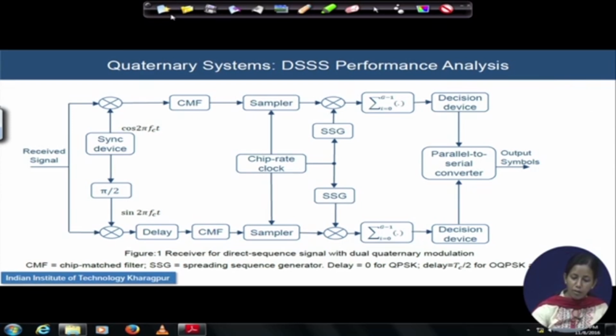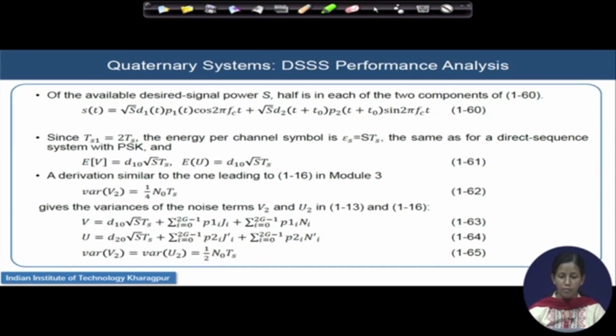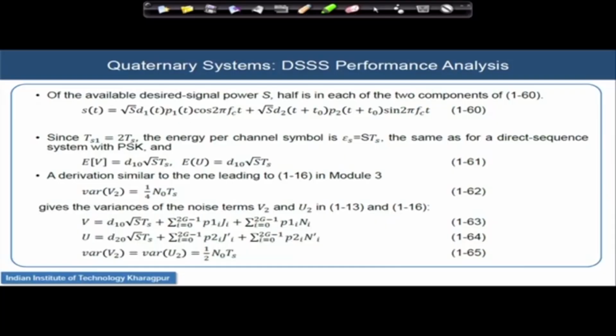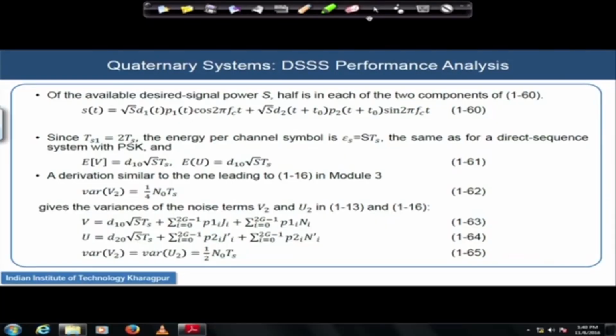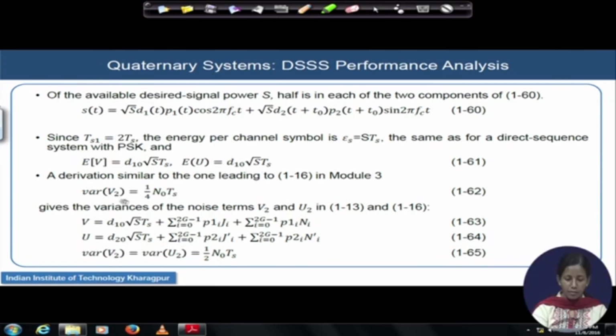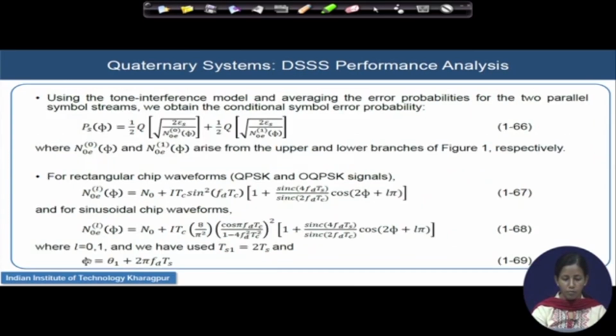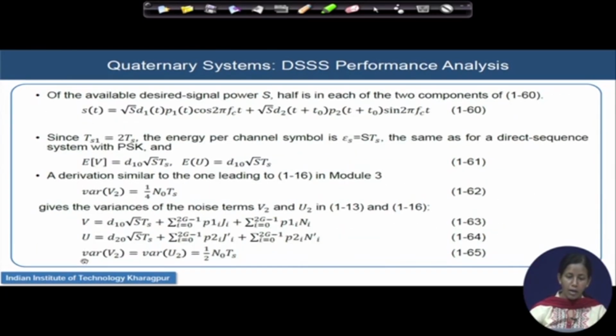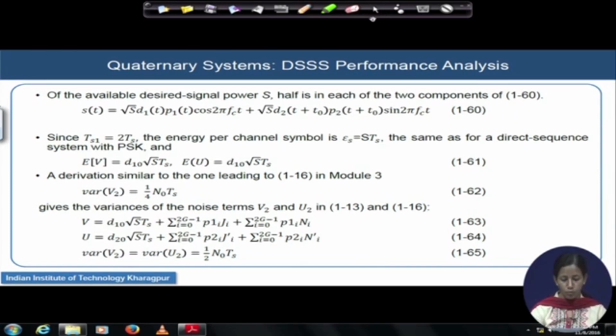So the mean values of V and U are what we are interested in, because finally we will be interested to calculate the symbol error probability. The mean value of V and the mean value of U, both of them will be given by this expression, and following the derivation of the noise component the way we did it for single carrier communication, we can compute the variance of V2 and the variance of U2.